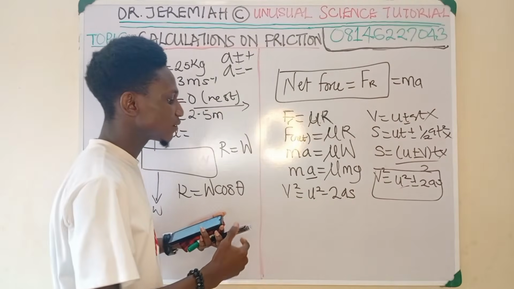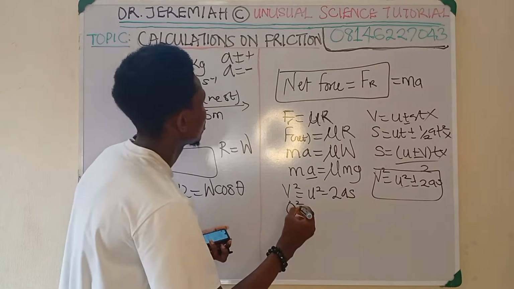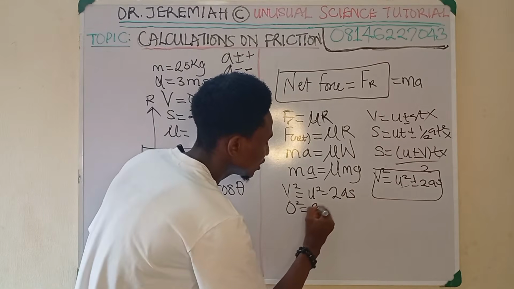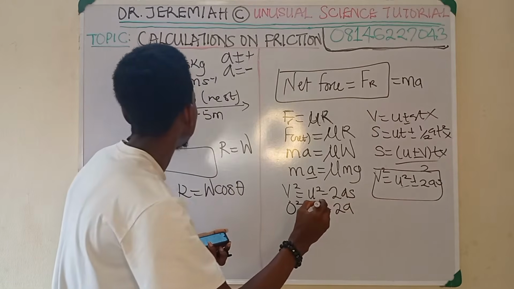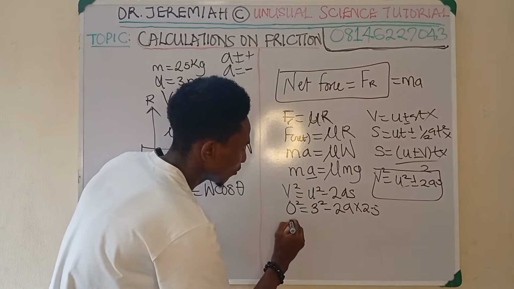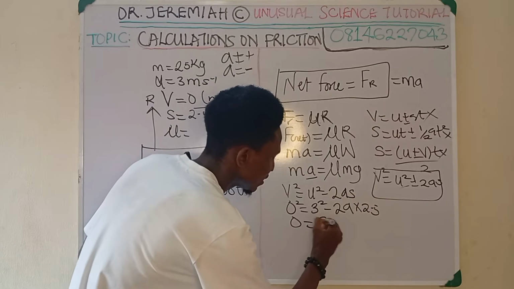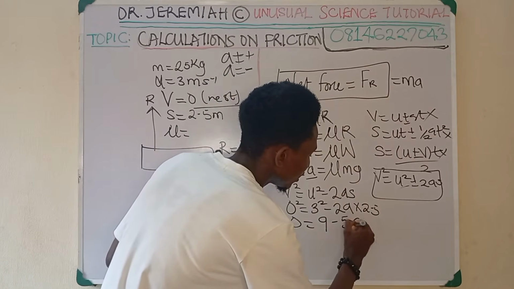Now, what is v squared? v squared is 0. U is what? Initial velocity is 3, so u squared is 9. Then we have 2a. What is s here? We have 2.5 meters. From there we have 0 equals 9 minus 2 times 2.5 times a, so 5a.